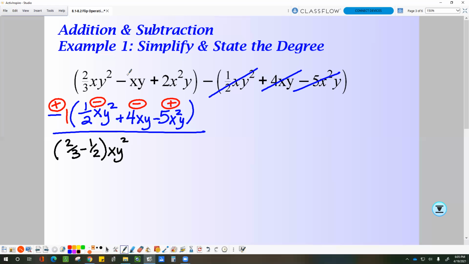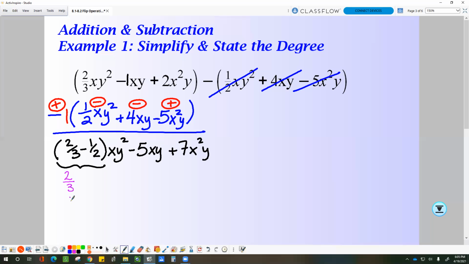This is -1 minus 4, that's minus 5xy, and plus 2x squared y plus 5x squared y is plus 7x squared y. Now I just need to deal with these fractions. I need to make common denominators so that I can combine these fractions.